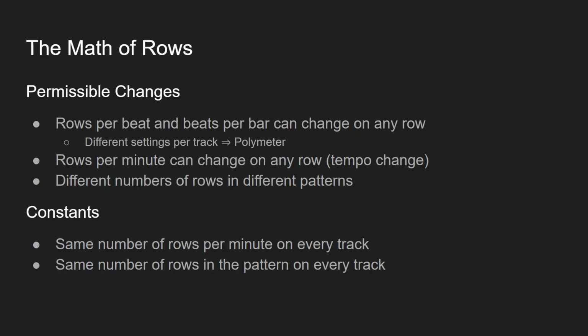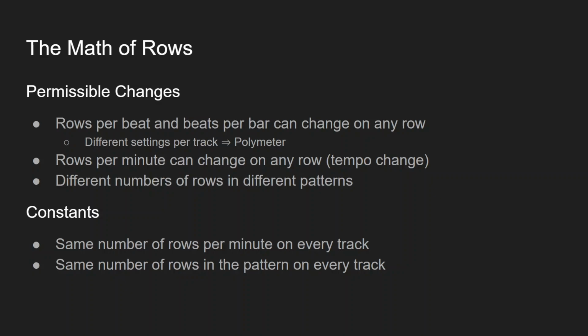The things that we're keeping constant are we're going to have the same number of rows per minute on every track and the same number of rows in the pattern on every track. So that means that everything's in lockstep. The columns representing the different tracks are always synchronized with each other. The pattern starts at the same time and ends at the same time, no matter which track you're talking about.